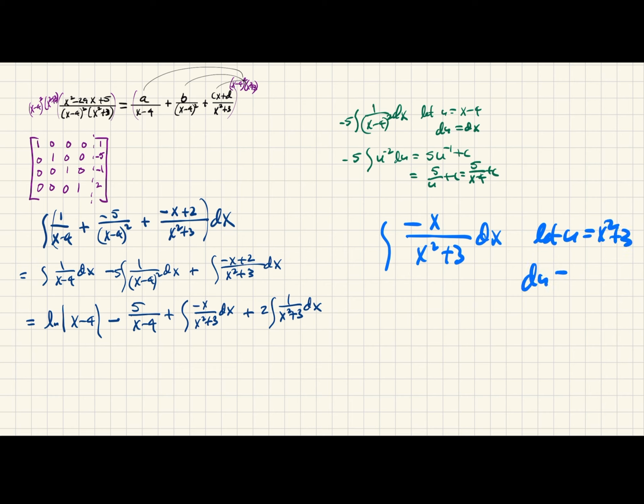Then du will be 2x dx. I don't want 2x dx. I want minus x dx. So I think I'll go minus a half on both sides. So minus 1/2 du is going to be equal to minus x dx. Okay, good. So now I'm ready.